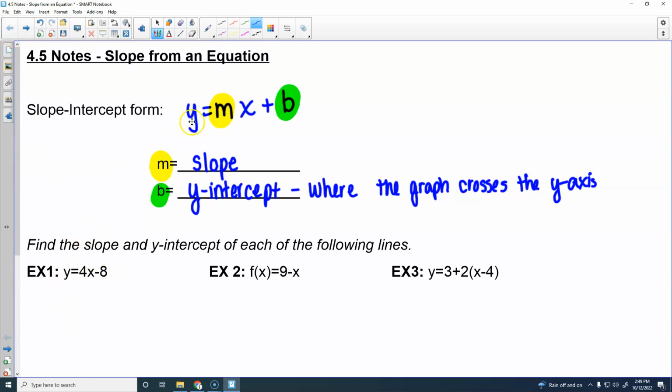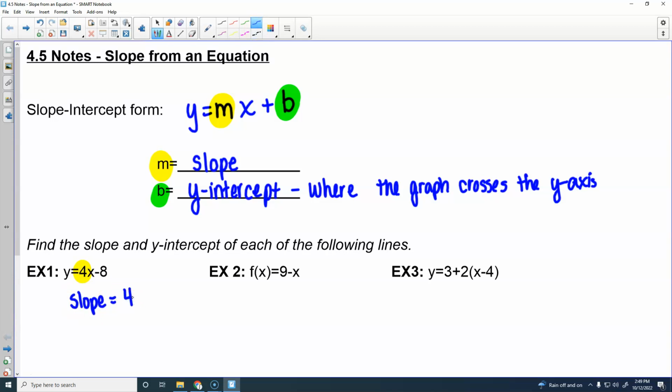It is really important that y has to be by itself for you to be able to do this. Okay? So right here I can see that the number next to the x, being multiplied by the x, is 4. So for this one I would say that the slope is 4.